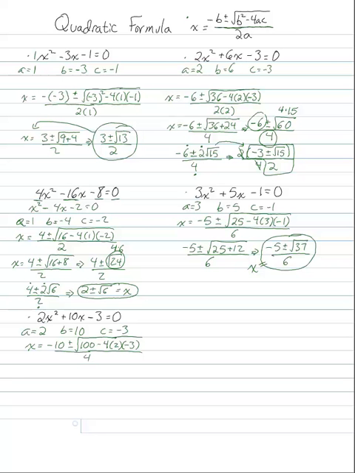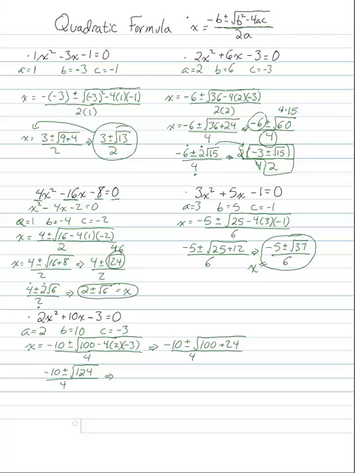Simplify a bit more. Negative 10 plus or minus square root of 100 minus 4 times 2 is minus 8 times minus 3 would be plus 24, all over 4. So negative 10 plus or minus square root of 124 over 4. We can simplify this.